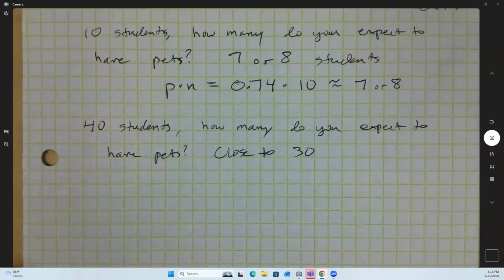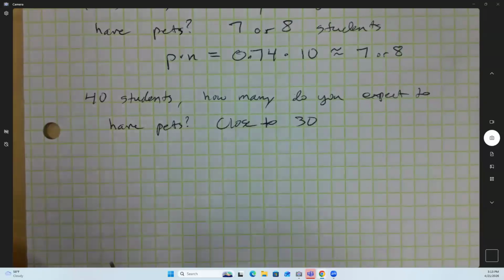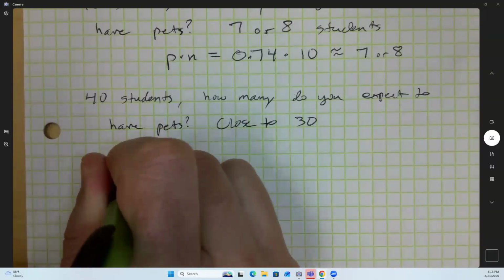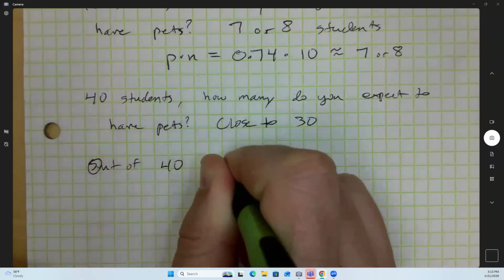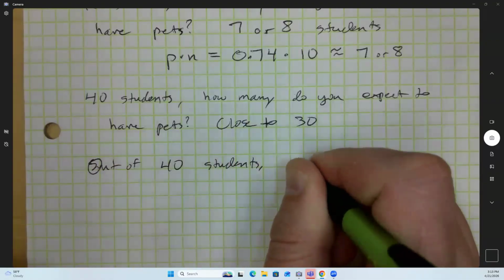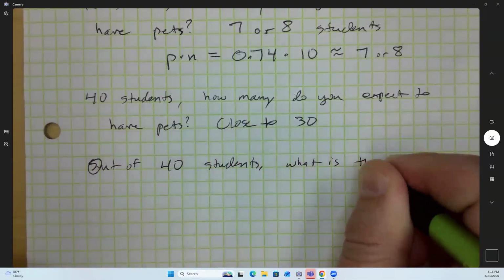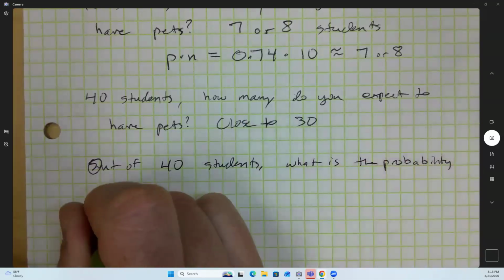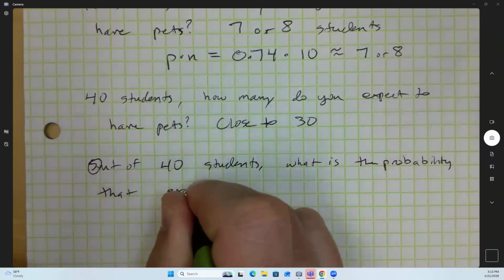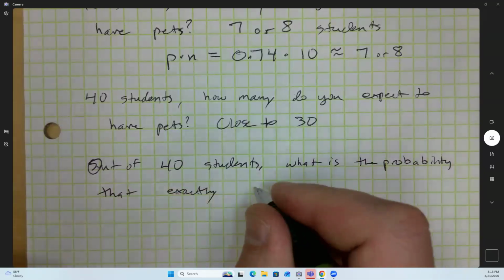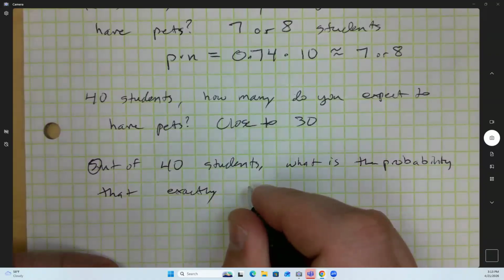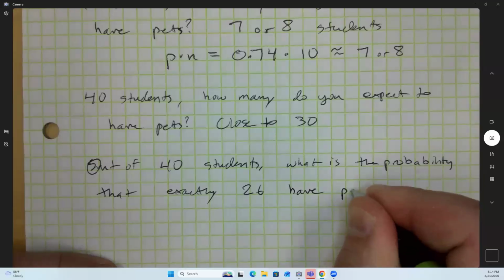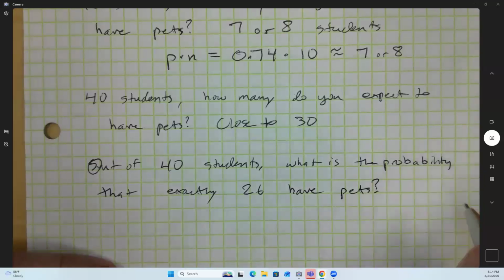Okay. Let's ask a couple examples. Out of 40 students, what is the probability that exactly, how about 26 have pets? There's a nice formula for this.